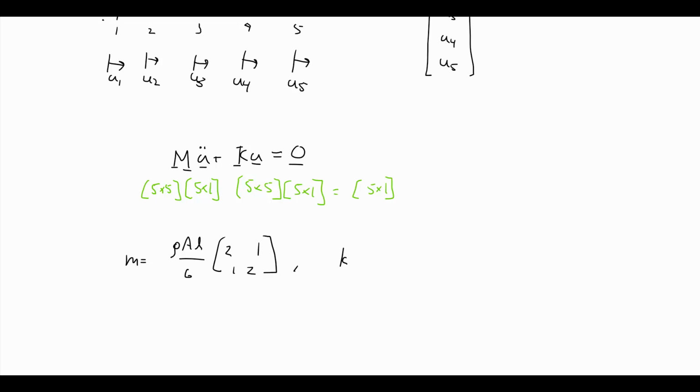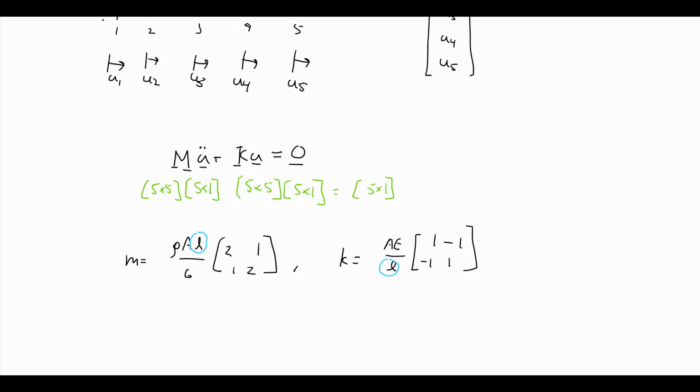And the local stiffness matrix is going to be calculated with this AE over L, 1, -1, -1, 1. And keep in mind here that this L that we use is going to be the length of the element. It's not the length of the entire beam in this case.